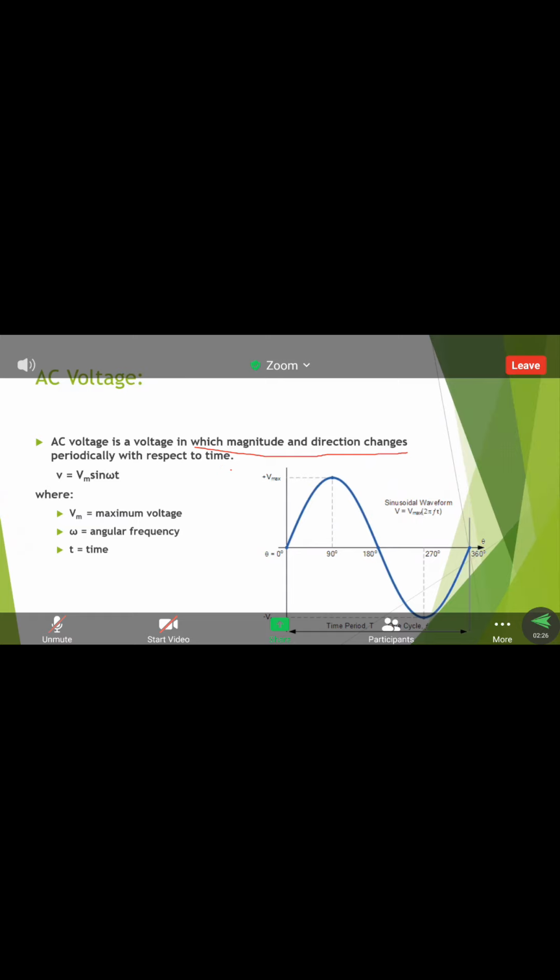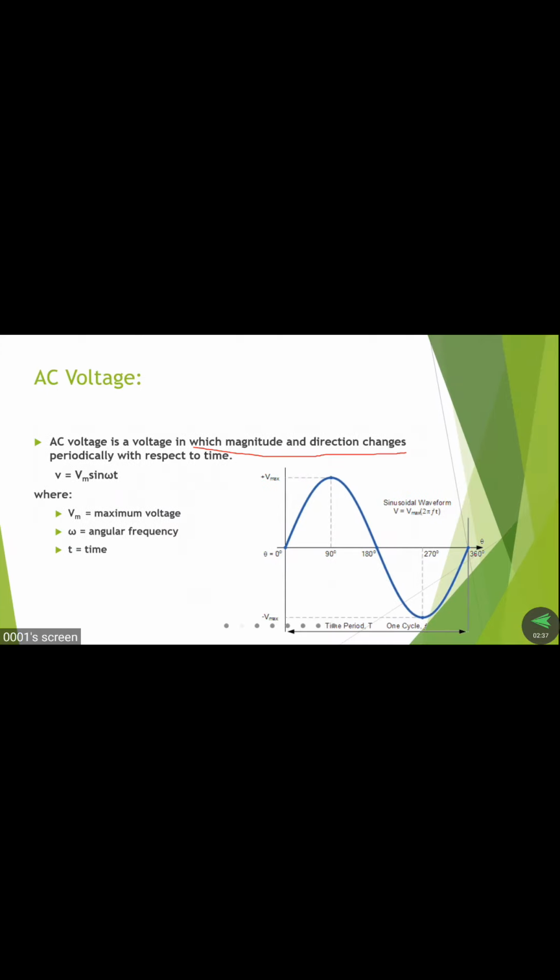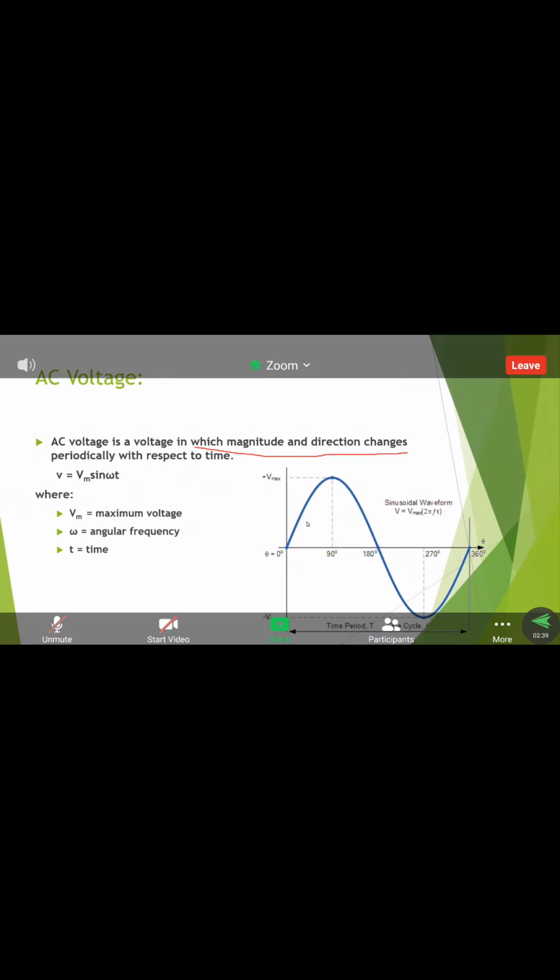So that we call alternating current. These are some examples of AC current. Both magnitude as well as direction change every half cycle. This is generally called a sine wave.